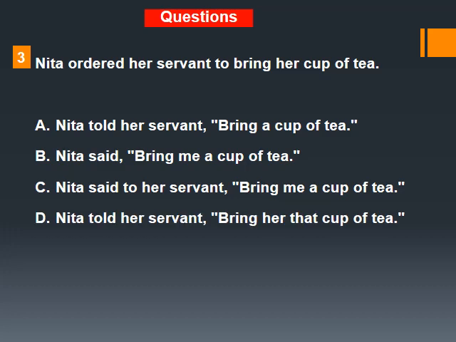You can see Nita ordered her servant. So her servant, that should be there in the first part. Nita told her servant, Nita said to her servant, or Nita told her servant. So options A, C, and D are the better options. That should be there. Her servant, told her servant, or said to her servant.